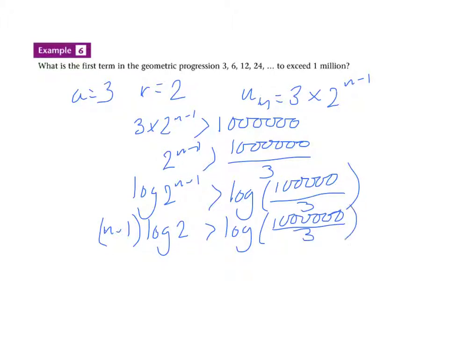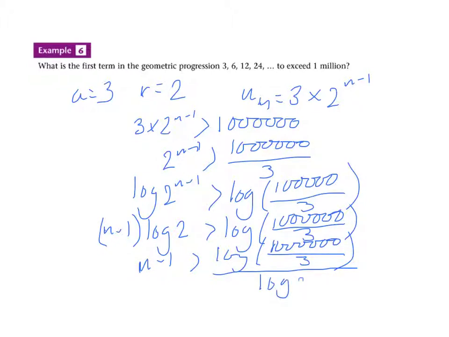Then we can divide by log 2, and that gives us n minus 1 is greater than log of 1 million over 3, all divided by log 2. Now if we work this out, make sure you use your calculator effectively at this point. So we've got log of, in fraction, 1 million over 3, close the bracket off there, then go on to the bottom, log 2.